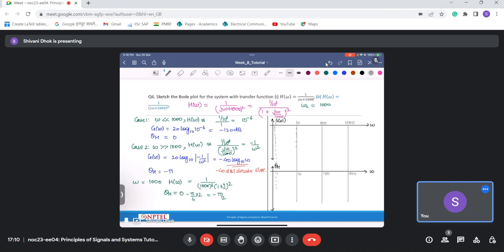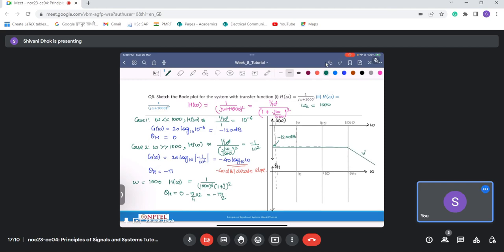Now let us first draw the magnitude response. We know that the magnitude response is minus 120 dB till omega equal to 1000. So this is minus 120 dB, and it is like this, and after that I get a minus 40 dB per decade decay.